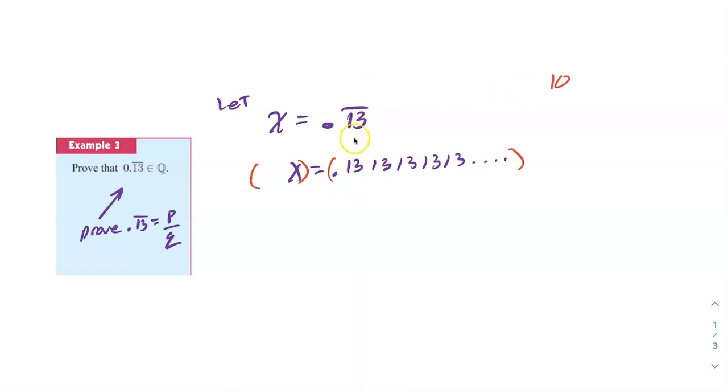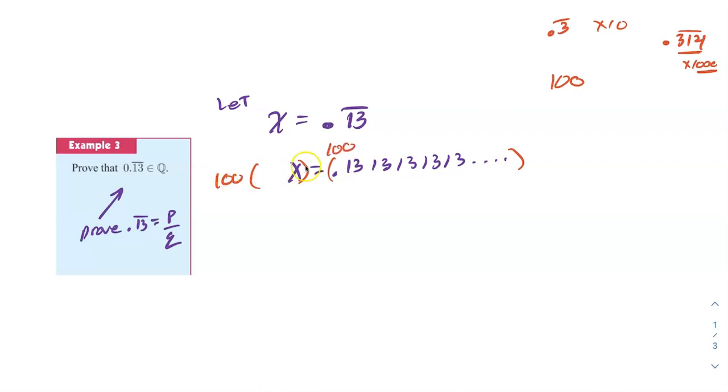It depends on how many places behind the decimal point repeat. In this case, we have 2 things repeating, so I'll multiply both sides by 100. If only 1 thing was repeating, you'd multiply both sides by 10. If something like 314 was repeating, you'd multiply by 1,000. The number of digits repeating is how many zeros you add. So in this case, we're going to multiply both sides by 100.